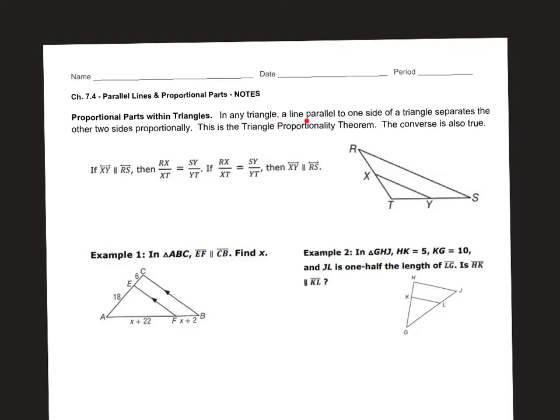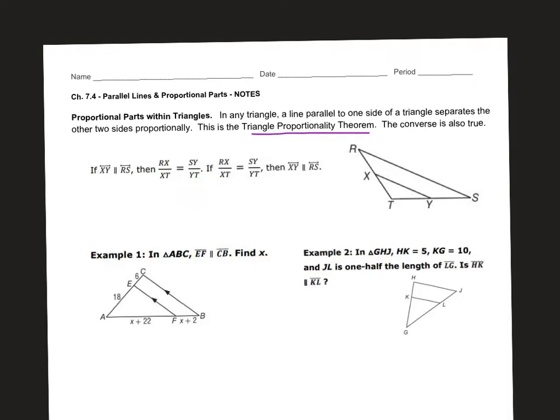In any triangle, a line parallel to one side of the triangle separates the two sides proportionally. This is known as the triangle proportionality theorem. The converse of this is also true. Now we've seen examples like this in the assignments from earlier in the week, but essentially, if xy is parallel to rs, then the ratio between rx and xt is equal to the ratio between sy and yt.